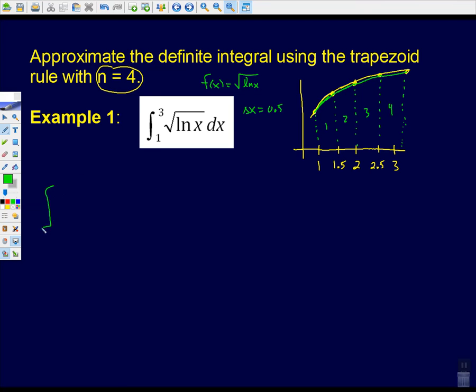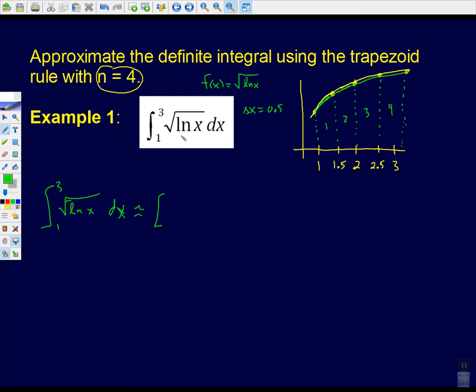So we want to evaluate the integral from 1 to 3 of the square root of the natural log of x. Remember, it's an approximation. As I look at the 4 trapezoids, the very first one is going to be measured with heights at 1 and 1.5.